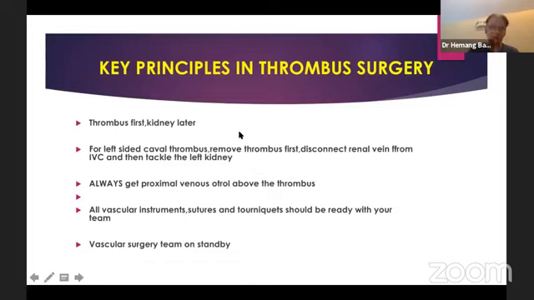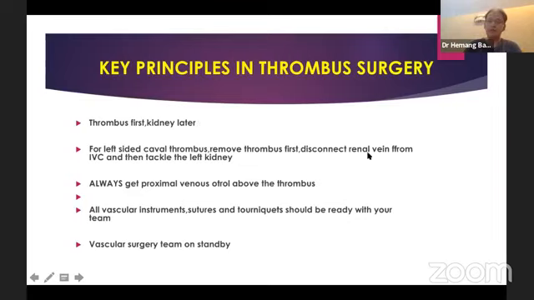Certain key steps before I go on to discuss some cases. 1, the most important step, as Inderbir Gill always highlights in all his talks, the principle of thrombus first and kidney later. Always deal with the thrombus first, especially on the left side, where if there is a caval thrombus, you have to deal with the thrombus first and then come to the nephrectomy.